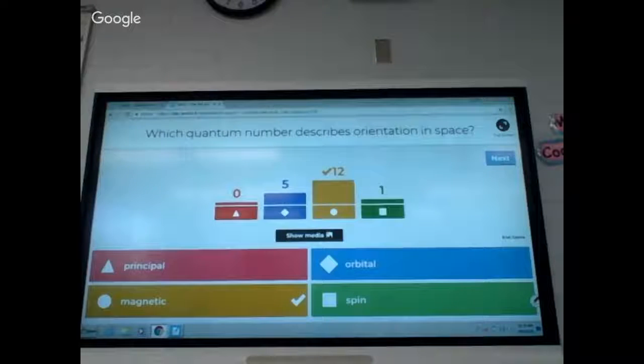The person who picks spin, what does spin tell? The way the electron spins. Principal tells what 2 things? Size and the energy level. So we're stuck between orbital and magnetic. Orbital tells the sublevel and shape. So magnetic tells orientation in space, which is what I said, or tomorrow on the test I might say the number of orbitals. I can also use that definition.